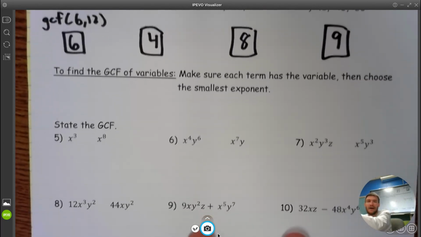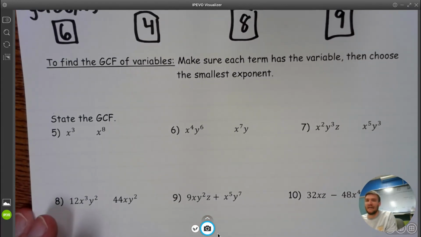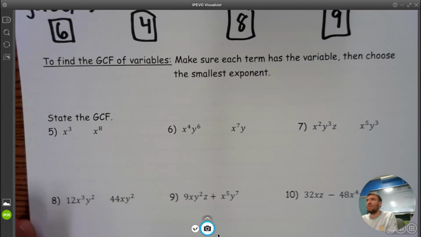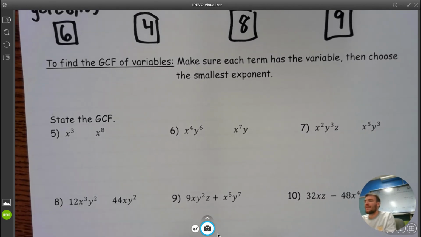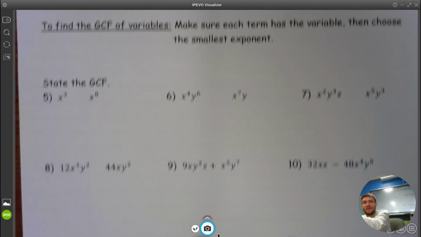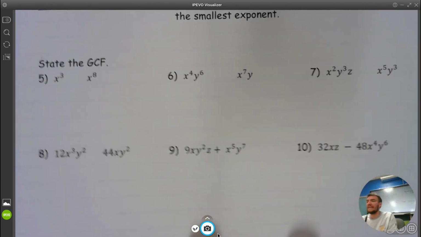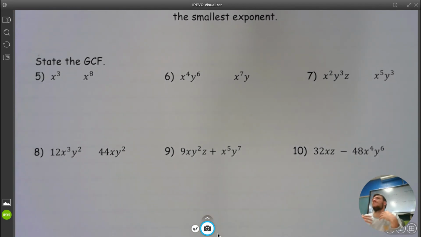Okay. Now here's where I really need you to kind of be a little bit more focused, okay? When it comes to the variables, you can't just type it in Desmos to get the answer right away, okay? When it comes to the variables, you have to think a little bit harder. Now, it's not that much harder, okay?